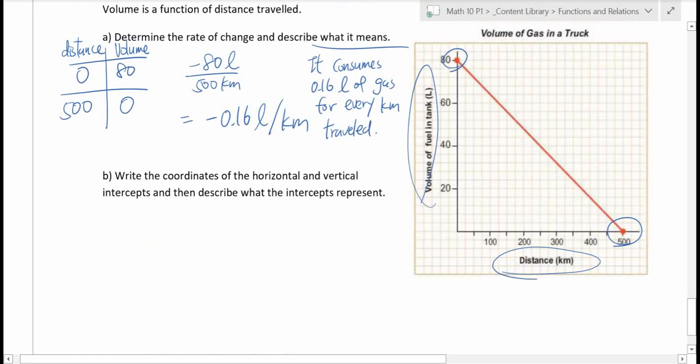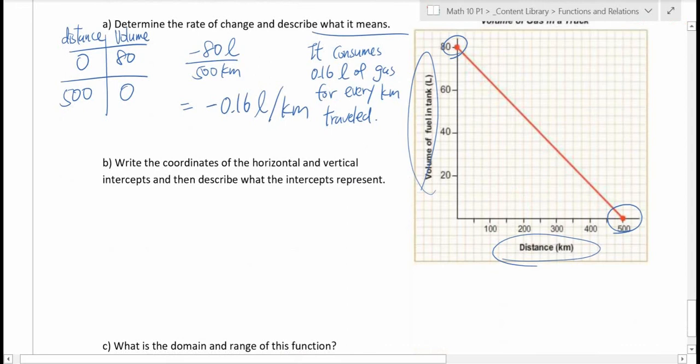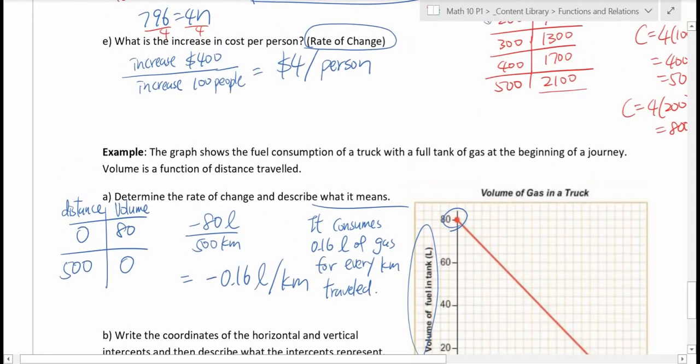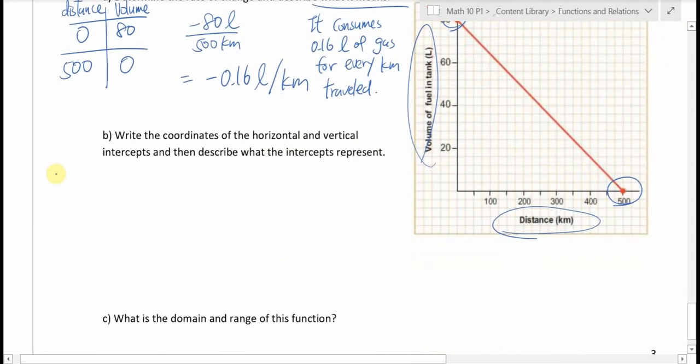Okay, so what variables do we use? It doesn't say. So let's just call this the x-intercept. The x-intercept is this point right here, and that is (500, 0). Now, what does that mean?